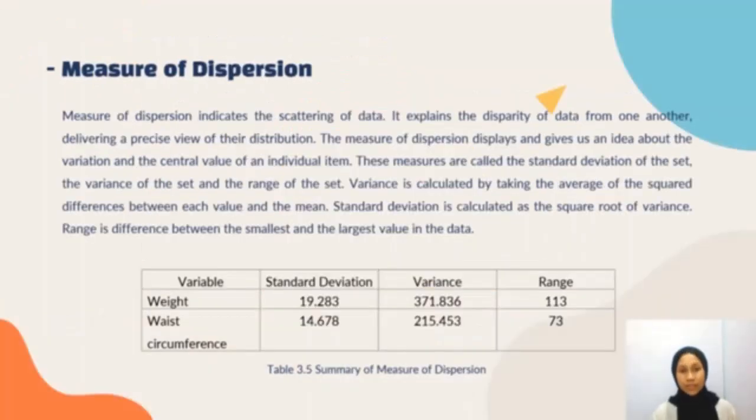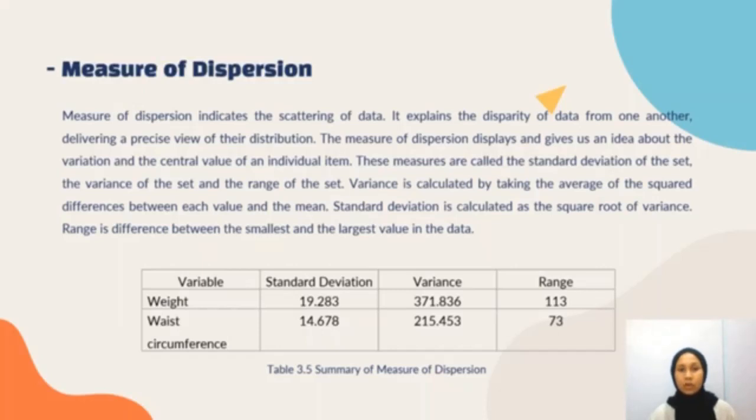Measure of dispersion indicates the scattering of data. It explains the disparity of data from one another, delivering a precise view of their distribution. The measure of dispersion gives us an idea about the variation and the central value of an individual item. These measures are called the standard deviation of the set, the variance of the set, and the range of the set.